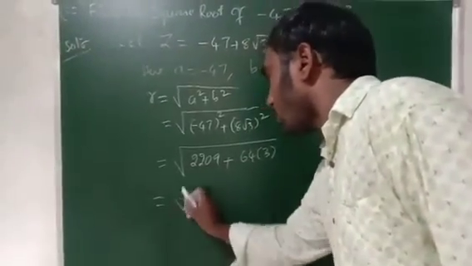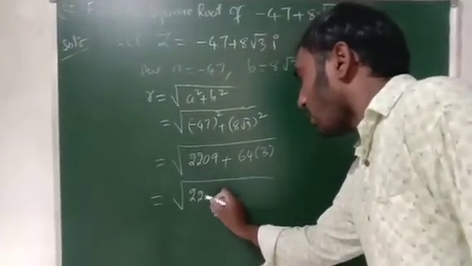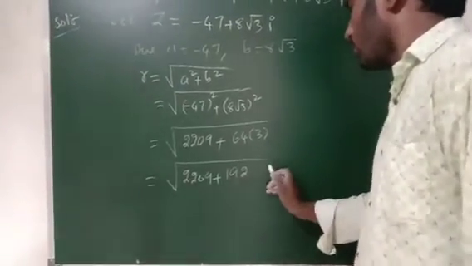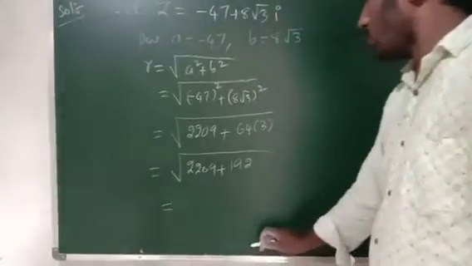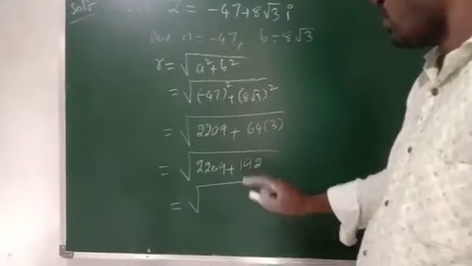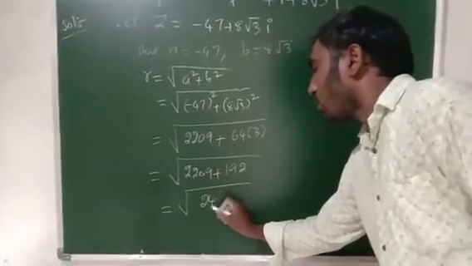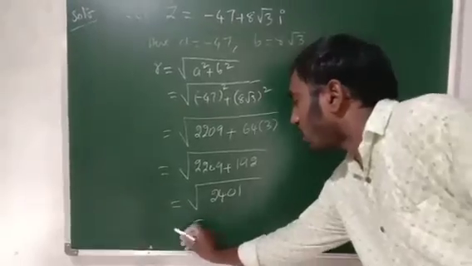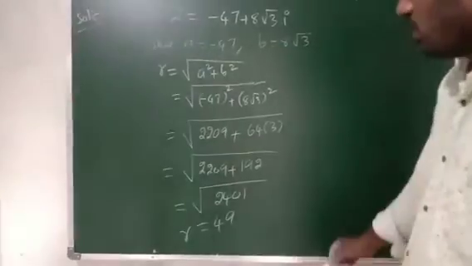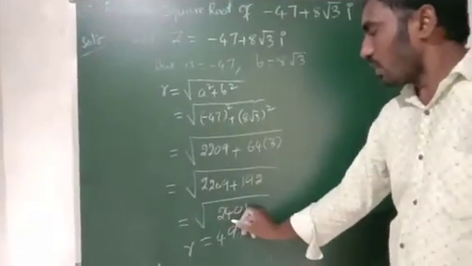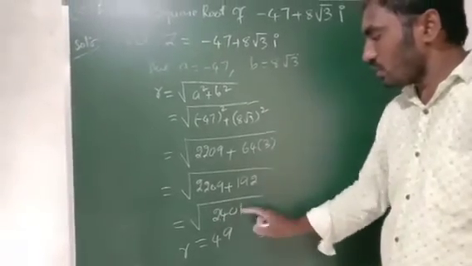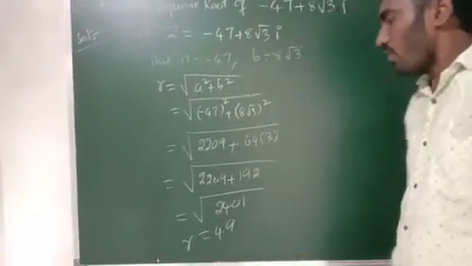So this equals under root of 2209 plus 192, which is under root of 2401. So r equals under root of 2401, which is 49. 49 into 49 is 2401. So our value becomes 49.